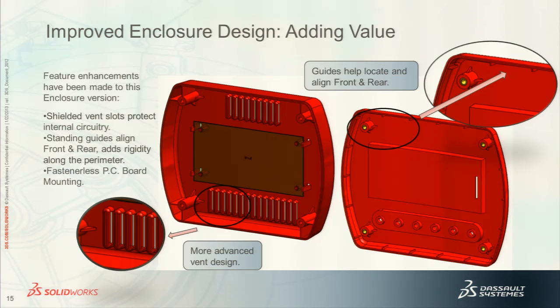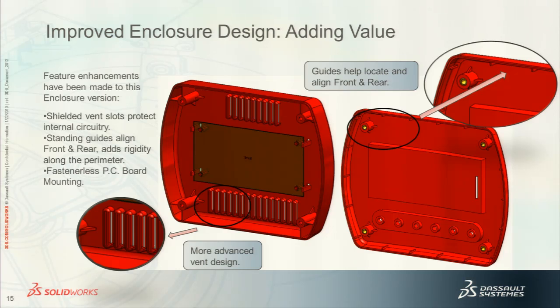Also, to align the two halves of the enclosure, I have these little posts protruding up at the reveal, so it helps to align and keep the two halves from shifting over themselves if there's any sort of loads applied to the front surface of the enclosure. I mentioned there's a membrane switch up in the front there, so when you're pushing on it, you could be flexing the front half, but it will help.